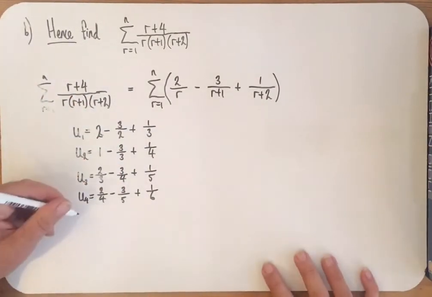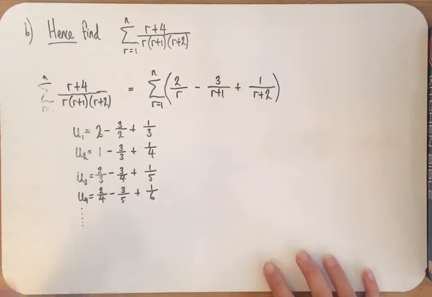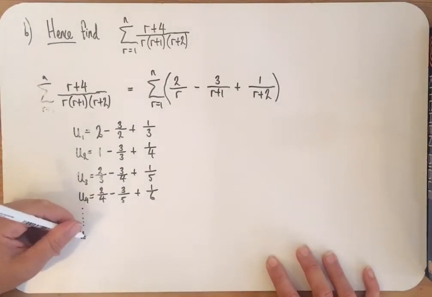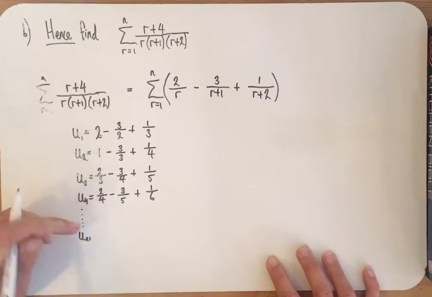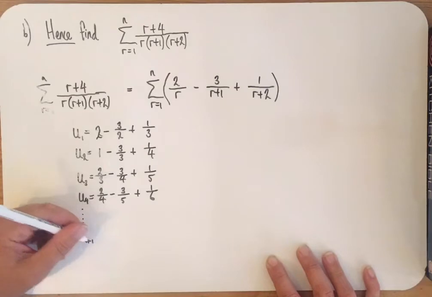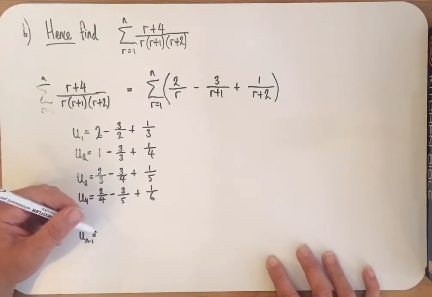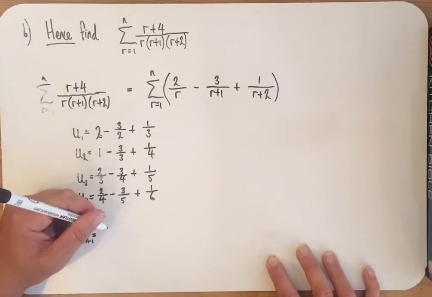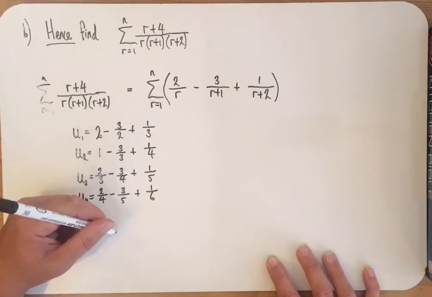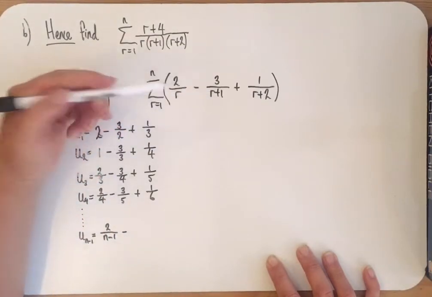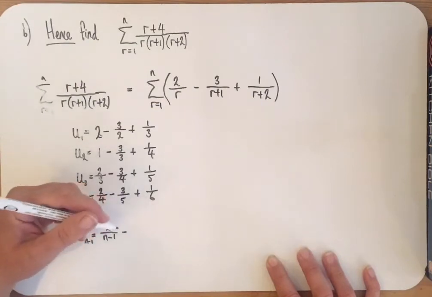So if I put in the last two terms, this time they're going to be in terms of n. So u n minus 1, sorry, not plus, is equal to 2 over n minus 1 minus, so I'm putting n minus 1 into here. n minus 1 plus 1 is n.